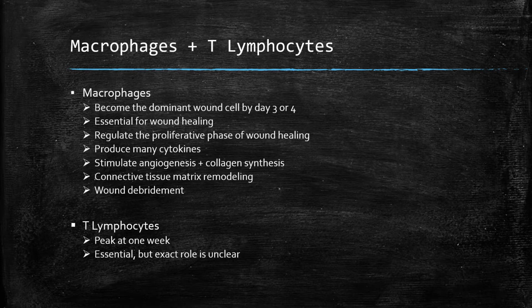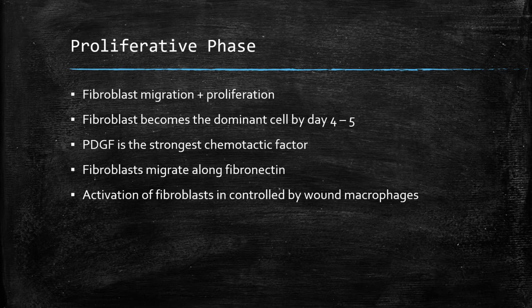Another absolutely essential cell during wound healing are T lymphocytes. These cells peak in the wound at about 1 week, and although they're essential, their exact role is unclear. The proliferative phase of wound healing is characterized by fibroblast migration into the wound.